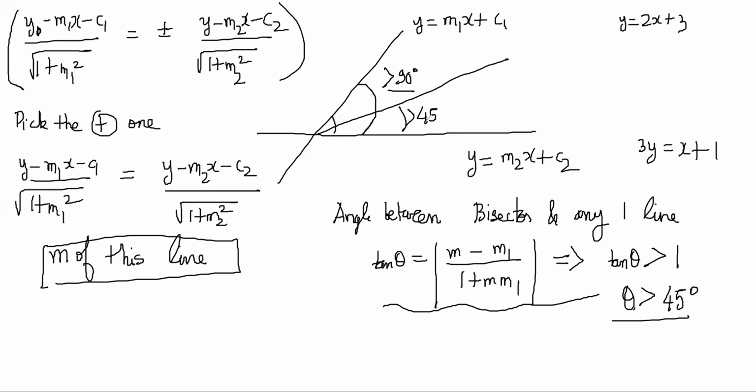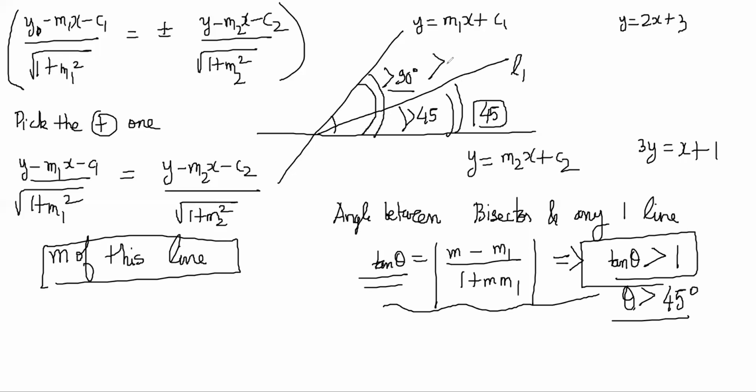You pick one bisector and find the angle that it makes with the given straight line. If the tan theta comes out to be greater than 1, I know that my theta angle, this small angle, is greater than 45. So then this total angle must be greater than 90.